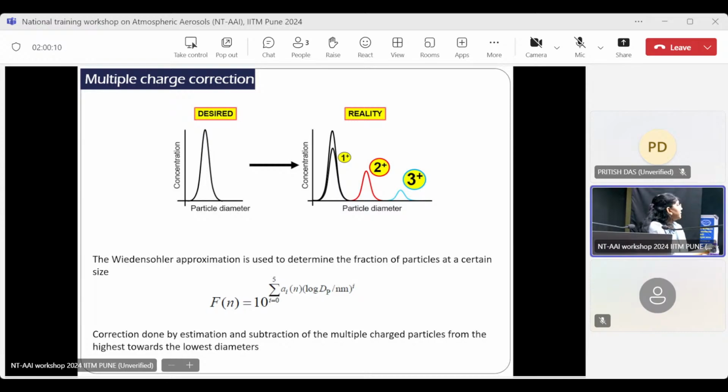That is known as the multiple charge correction, and that can be very easily done if you know the initial charge distribution, like what mobility classes correspond to these fractions. So from the approximation, you can calculate the corresponding diameter. At this mobility diameter, what composition or combination will give you this mobility, and then you can club it or subtract it from the later stages and add on. Okay.